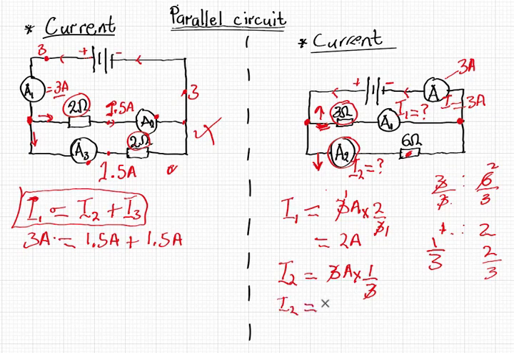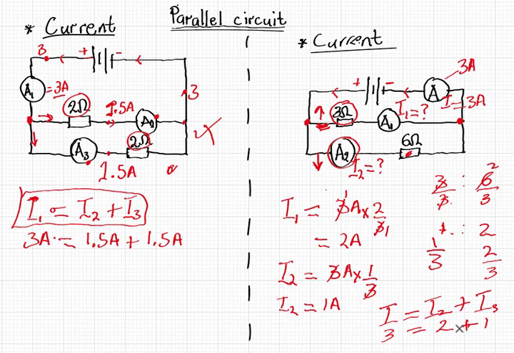That's 1 amp. See? That's 1 amp. So that's I2. And I think it is clear that I is equal to I2 plus I3. As you can see, 3 is equal to 2 plus 1.